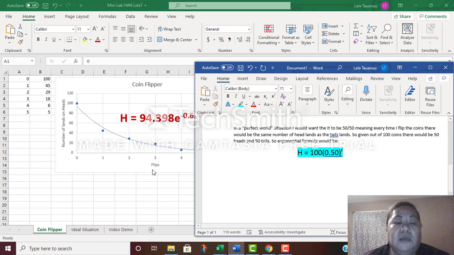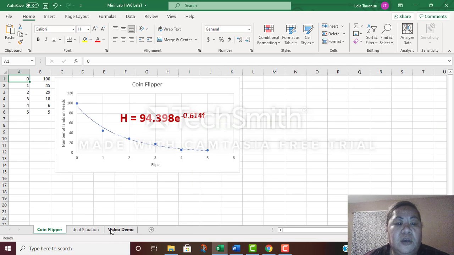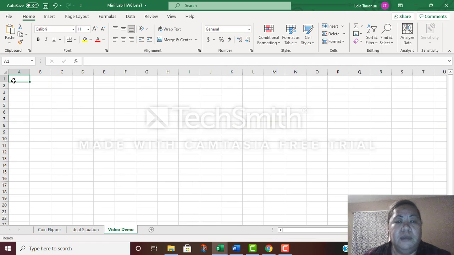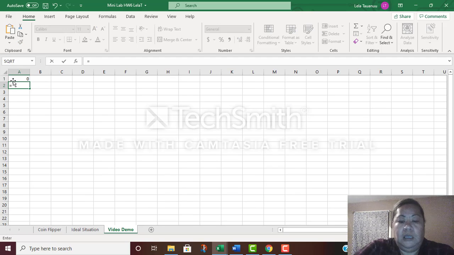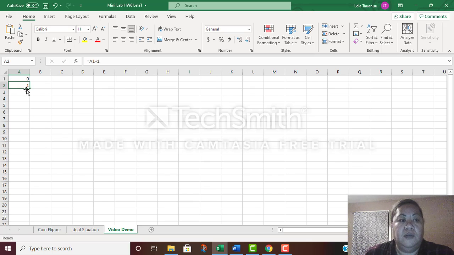I have created that graph already, but for the video purpose, I am going to demonstrate how I make that graph for you today. So again, this is my formula that I will take over to Excel, which I already have open. We'll just go to a new tab, start with 0, and then I'll create my rows for the rounds of flips for 5 rounds.